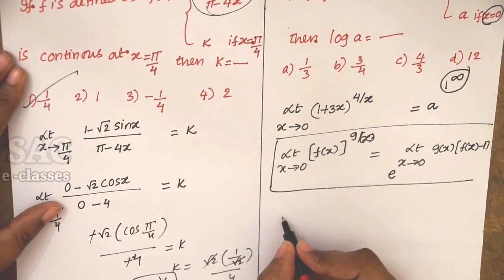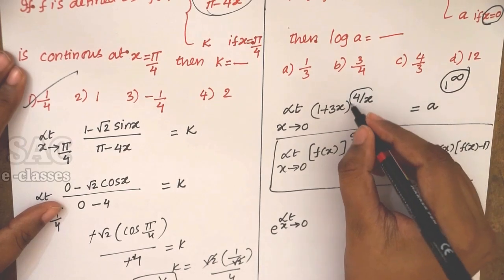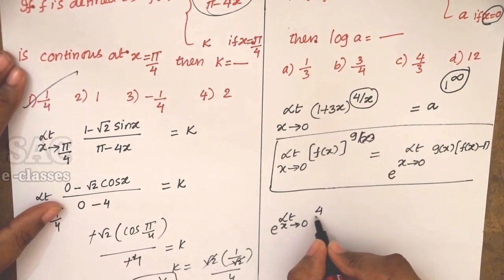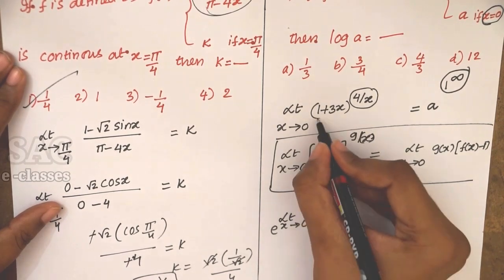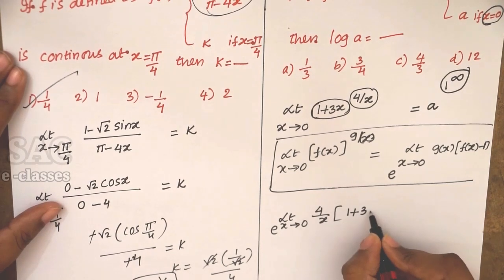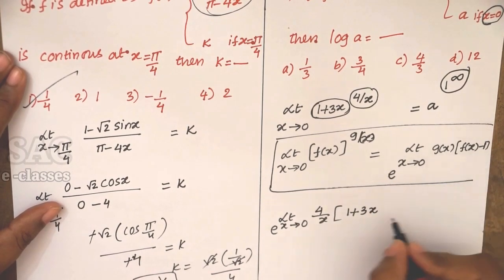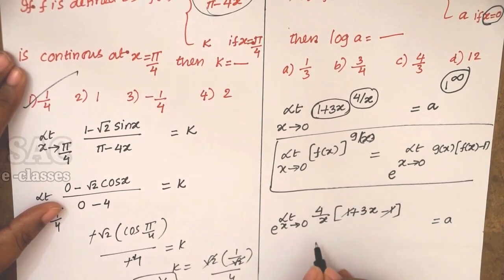So e power limit x tends to 0, this is the g of x, so write 4 by x, into this is the f of x, so (1 plus 3x minus 1), is equal to a. Plus 1 minus 1 getting cancelled. x and x cancel. So e power 12 equal to a.